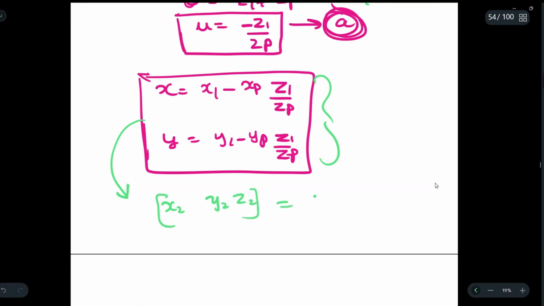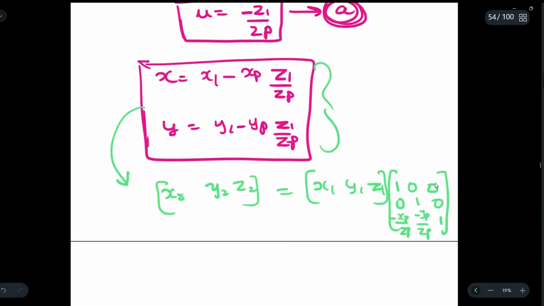Then we will write x1, y1 and z1, and then the matrix 1 0 0, 0 1 0, minus xp by zp, minus yp by zp, 1. Or you can simply write x, y and z is equal to x1, y1, z1 into the matrix 1 0 0, 0 1 0, minus xp by zp, minus yp by zp, 1.